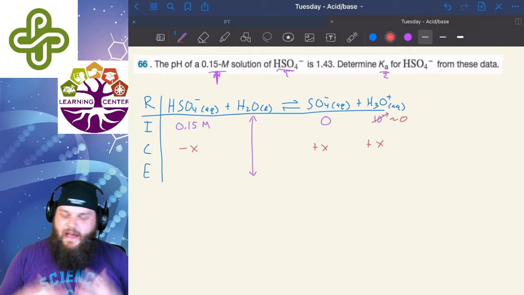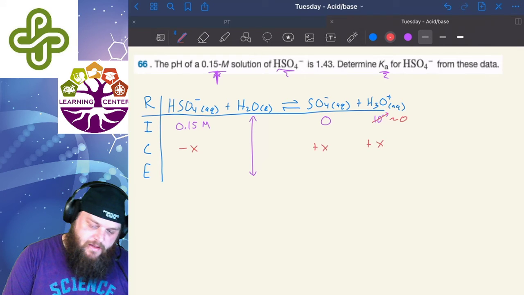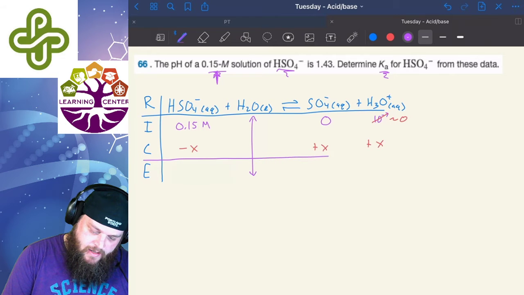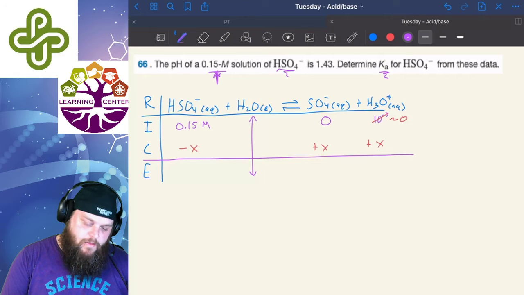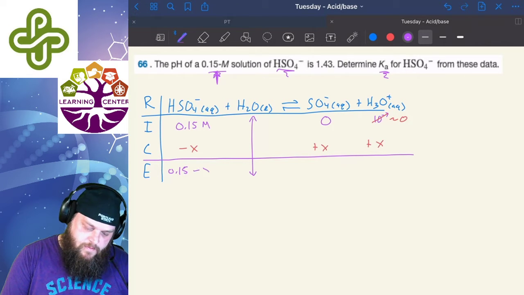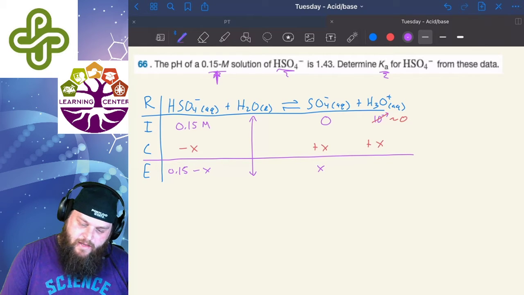So we can write at equilibrium, basically, the sum of these. I'm going to draw a line here, just adding up the two values above it in the column. That's 0.15 minus x. For SO4, that's just going to be x, and for hydronium, it would also be x.